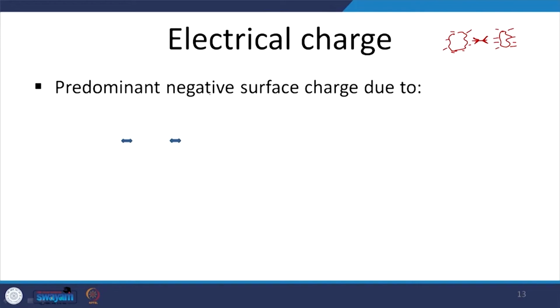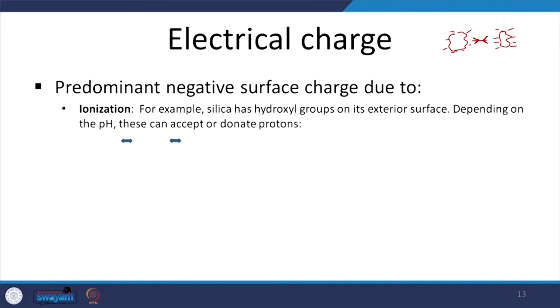So, there is a predominant negative surface charge. What is that due to? For example, ionization. Again, it is acid base or based on the pH. Based on the pH, HOCl can predominate or OCl minus can predominate. This has no charge, this has charge. Here these are dissolved compounds, but I am just using that as an example.